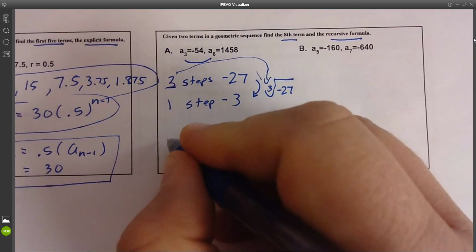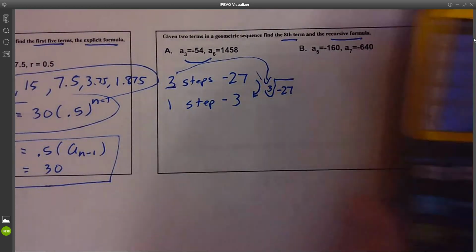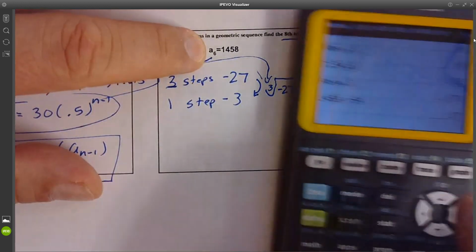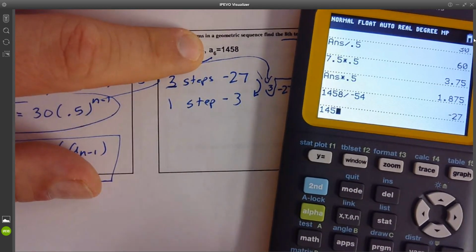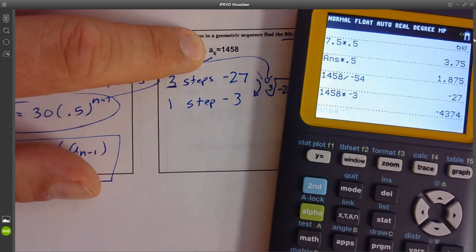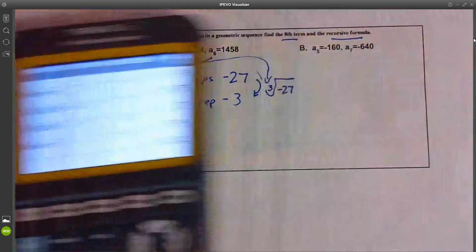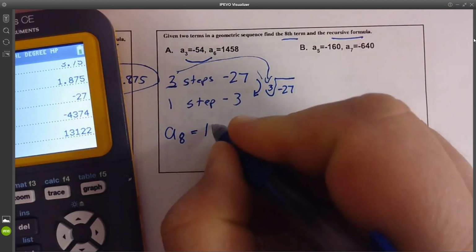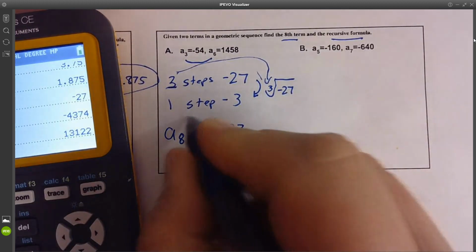So the 8th one, how do you want to do this? Well, we're at 6. Should we just go 2 more? So 1458 times negative 3 times negative 3. There's the 8th one. So a sub 8 equals 13122.